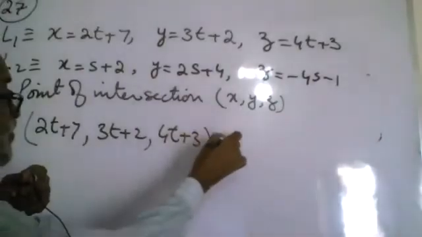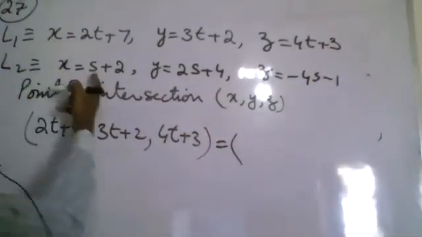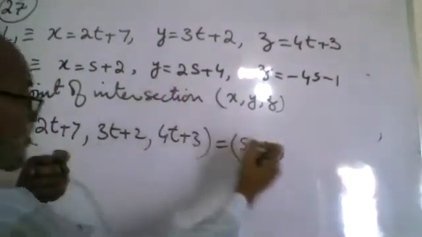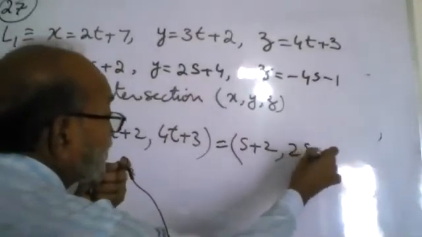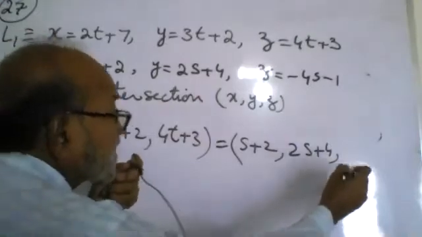This is equal to X is s plus 2, Y is equal to 2s plus 4, and Z is equal to minus 4s minus 1.